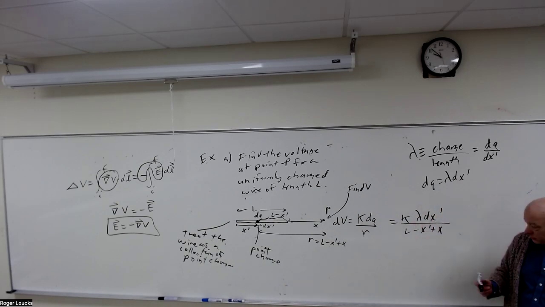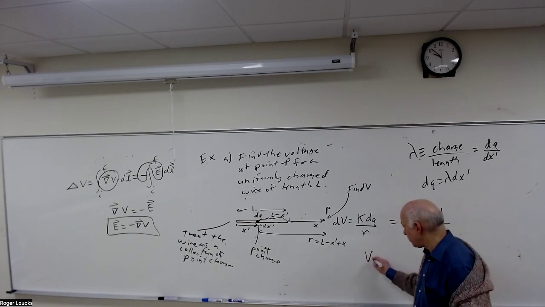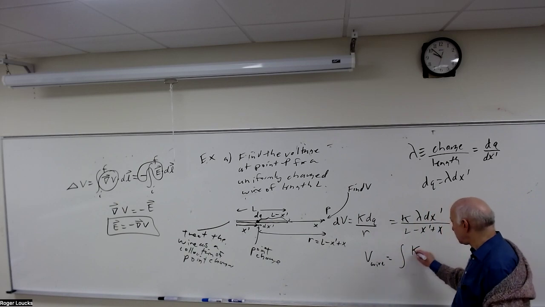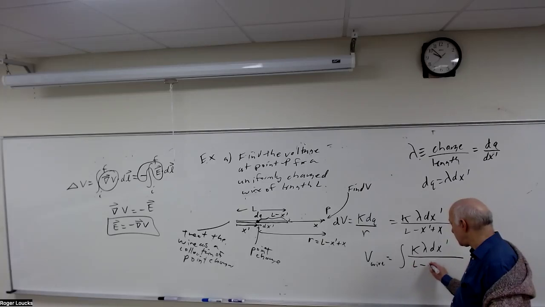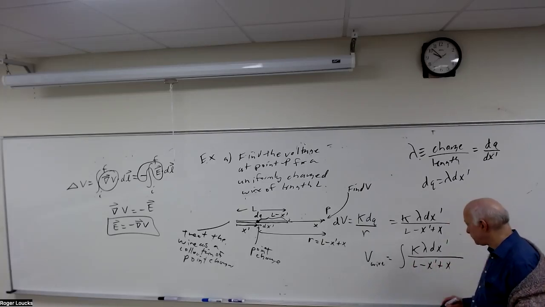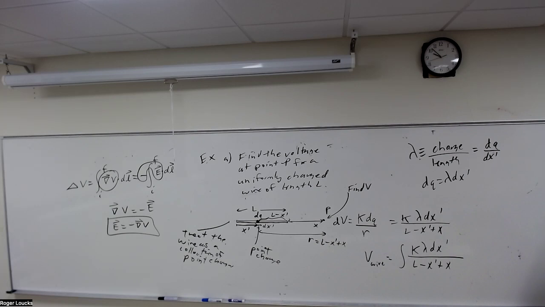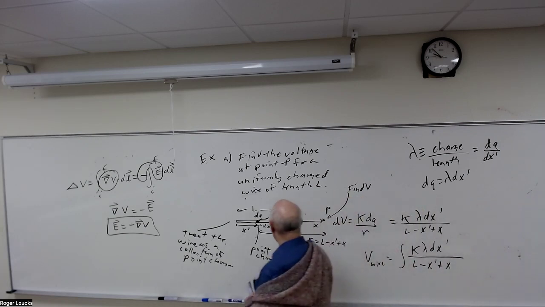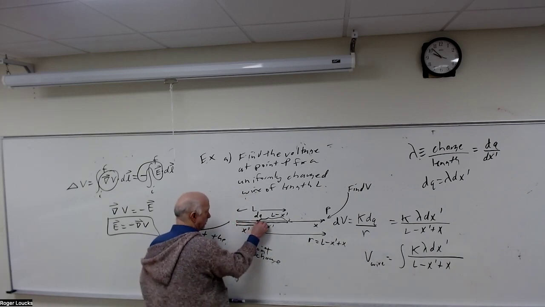Now we can integrate this. So now I can say that V for the wire is going to be an integral, K lambda dX prime all over L minus X prime plus X. Now, where does the X prime go to from that picture? I'll take the little dQs and add them up all the way along here.